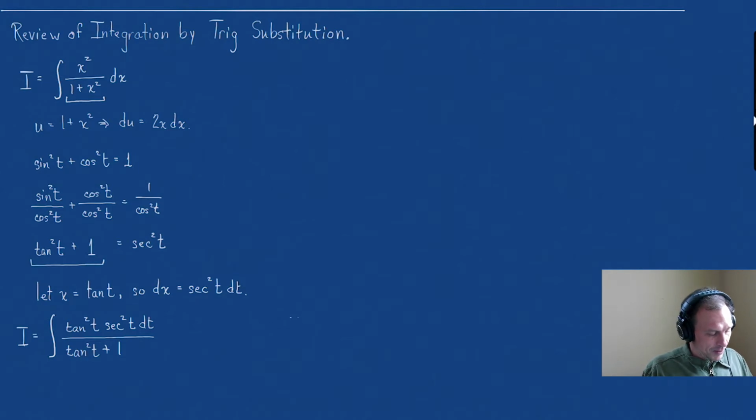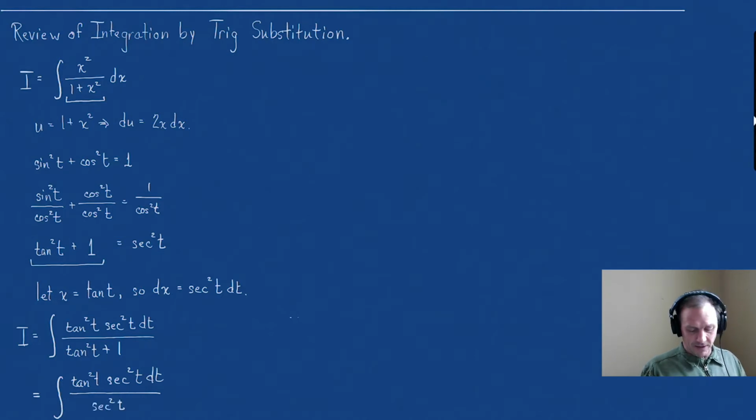Well, now we use our trig identity. The tangent of t squared plus 1, that's secant squared. So let's rewrite our integral as the tangent squared of t times the secant squared t dt over secant squared t.